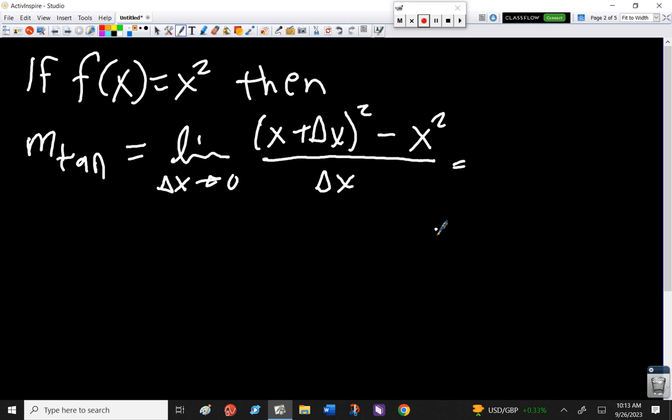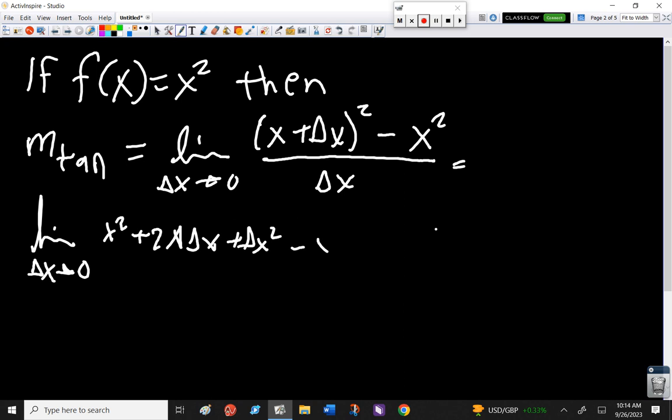It's going to be the limit as delta x approaches 0 of x squared plus 2x delta x plus delta x squared minus x squared. I just use FOIL or whatever you do to multiply out binomials. And then I have delta x on the bottom. Turns out that x squared and x squared cancel each other out.